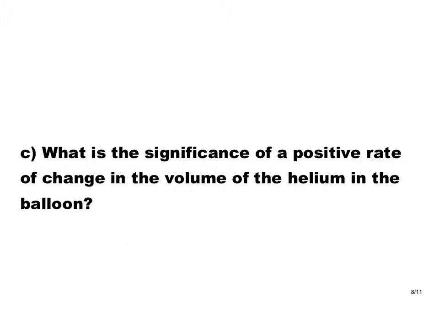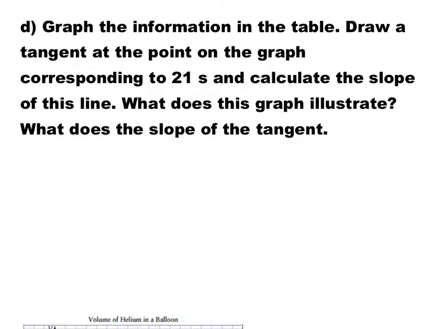If it was negative, then it means the volume is decreasing. The next question is requiring us to graph the information which is given in the table, draw a tangent at the point corresponding to 21 seconds, and calculate the slope of this line.